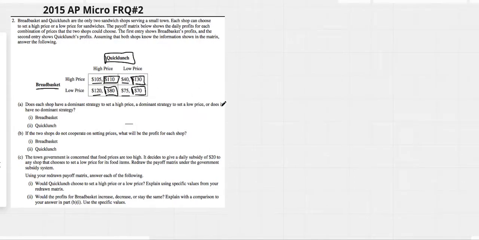Then I'm always, like a child, going to do a word chart just to make sense of all the numbers. Breadbasket only has two choices. Breadbasket can go high or Breadbasket can go low. If Breadbasket goes high, Quick Lunch will make a decision. If Breadbasket goes low, Quick Lunch will make a decision.